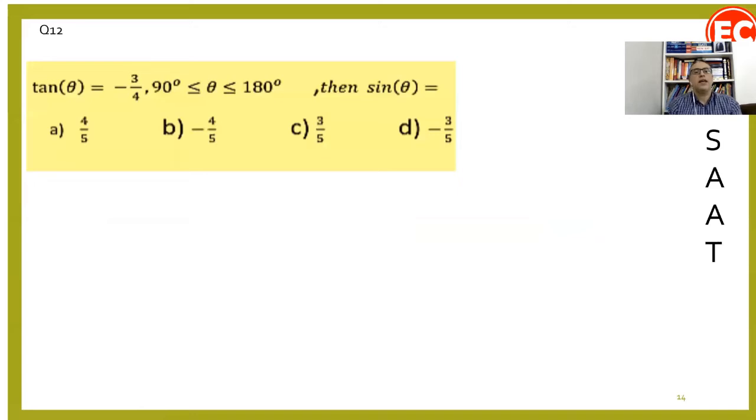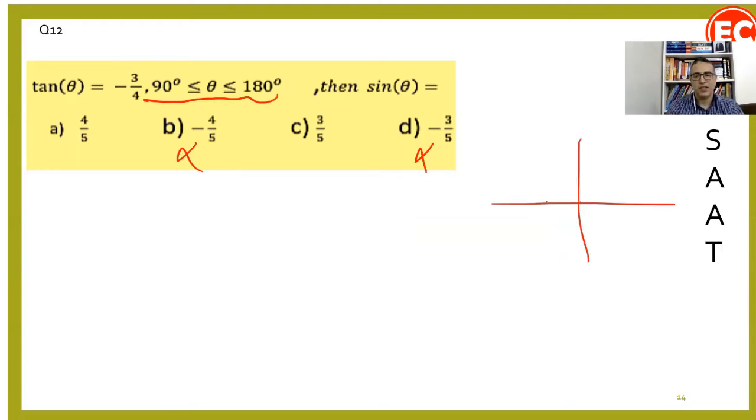Question number 12. The tan is negative and it lies in the second quadrant. So what is the sine? So the sine is not negative. Why? Because it's in the second quadrant, and in the second quadrant, the sine is positive. So here is the angle. Tan is opposite over adjacent. So this is 5.